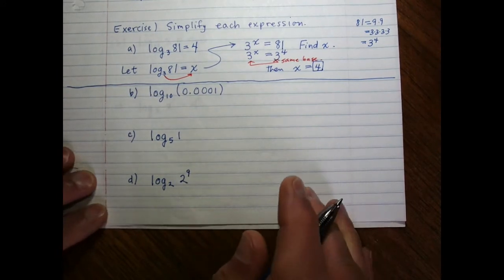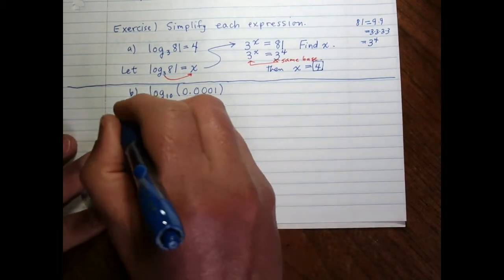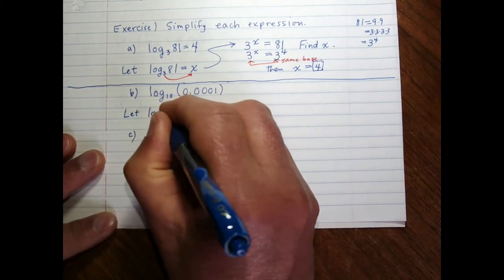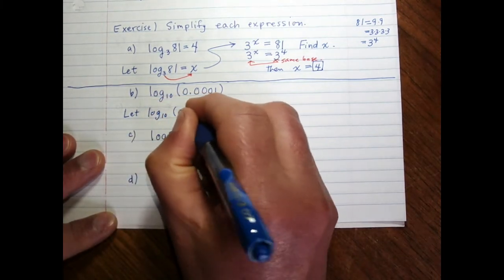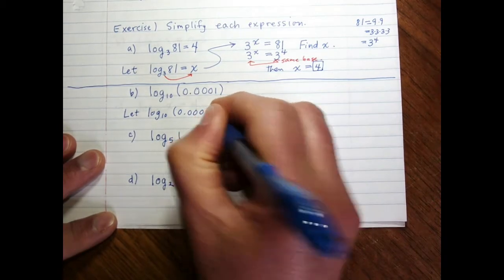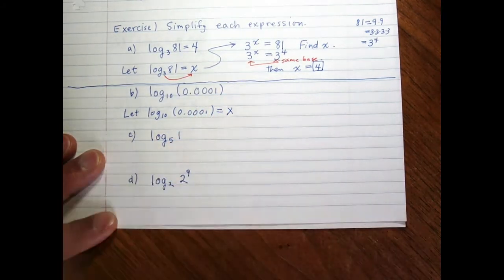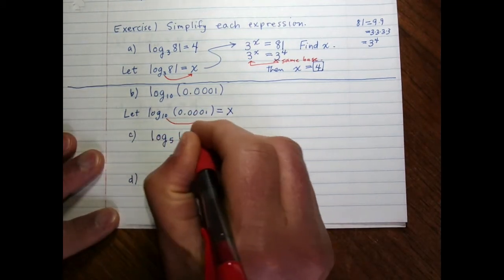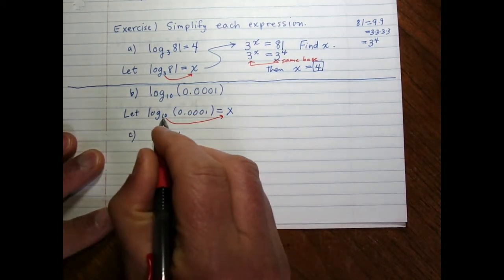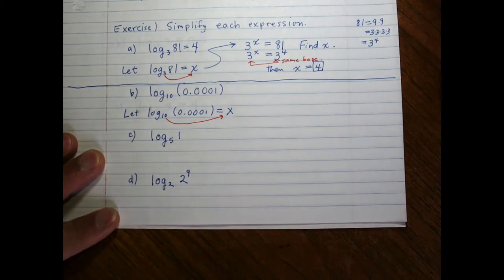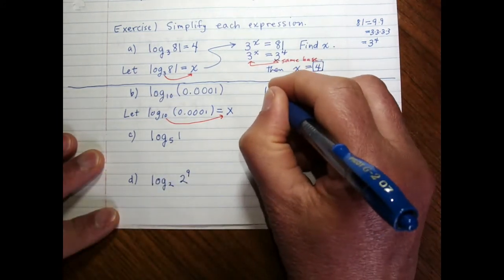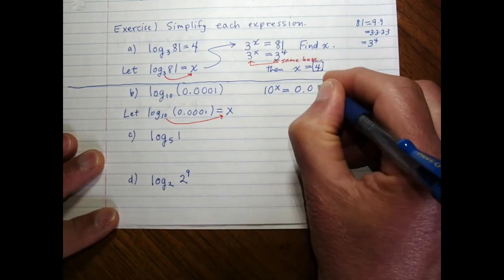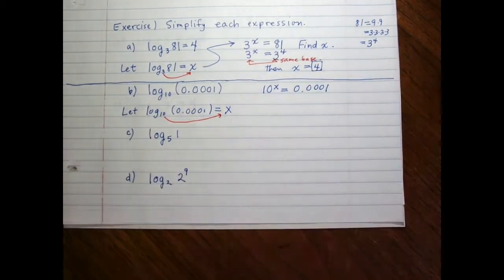Now let's try B. Let's do the same thing. Let's let log base 10 of 0.0001 equal x. So set it equal to x, and then we're going to rewrite as an exponential: 10 to the x power is equal to 0.0001.